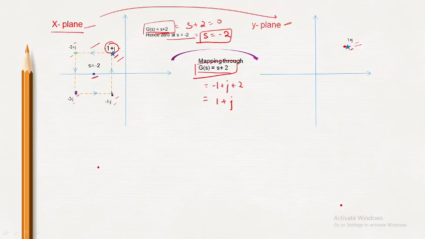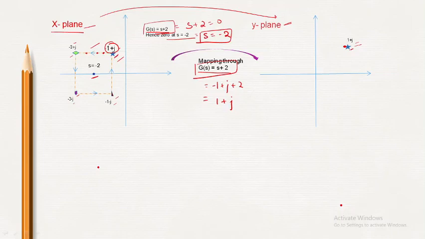Okay. Similarly, moving on to the next point, I am mapping -3 plus j to this plane. Actually, I could have taken more points in between also. I could have taken this point, this point, this point. While you map the contour, you actually map all the points.